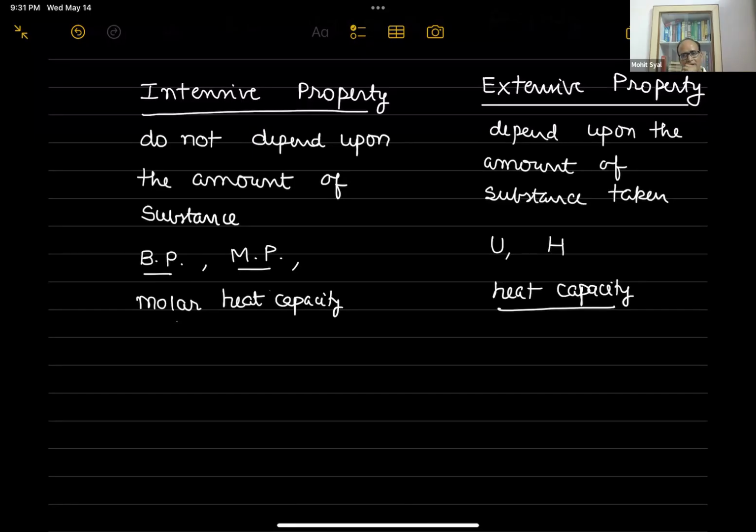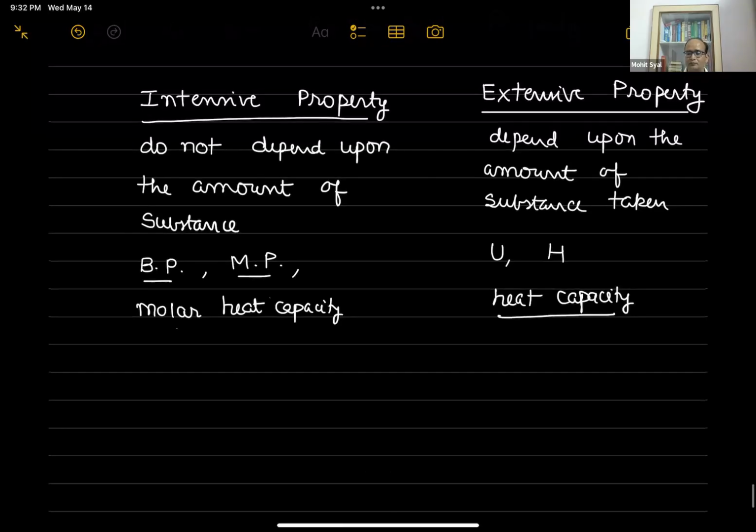And if you are taking an elephant, the total heat given for 1 degree rise in temperature is the heat capacity. Is it clear? It is the total heat. So it is an extensive property, depending upon the mass.